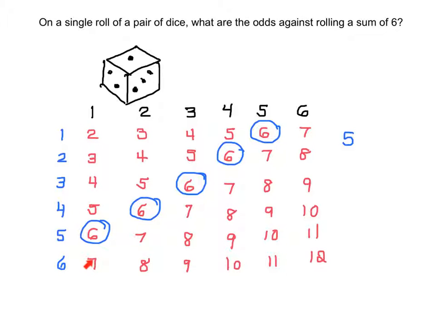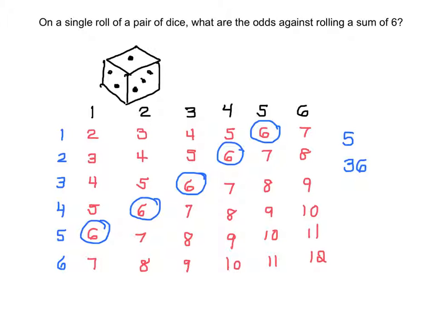This table, which is 6 times 6, shows that there are 36 ways that the pips would appear if we rolled. So it's 36 possibilities, and out of the 36 possibilities, 5 of them would give us a sum of 6.